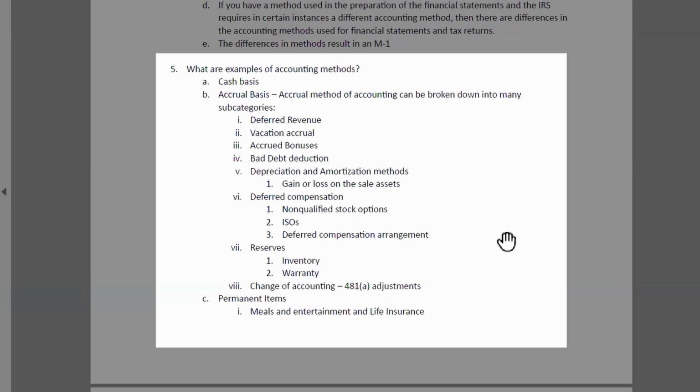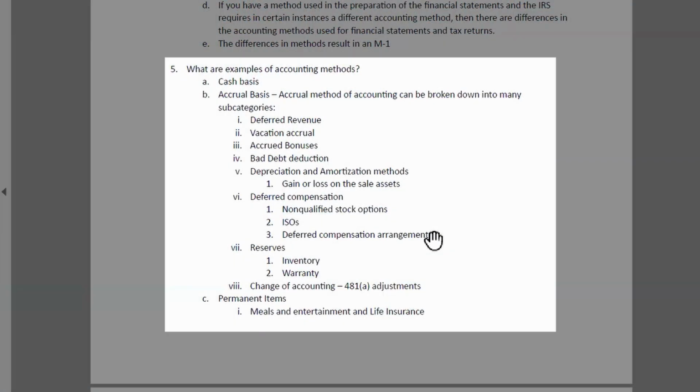Accrual method of accounting can be broken down into many subcategories: deferred revenue, vacation accrual, accrued bonuses, bad debt deduction, depreciation and amortization for gain or loss on sale of asset, deferred compensation, non-qualified stock option, ISOs, deferred compensation arrangements, reserves, inventory and warranty, and then change accounting, 481A adjustments, and then C, permanent items, meals and entertainment and life insurance.